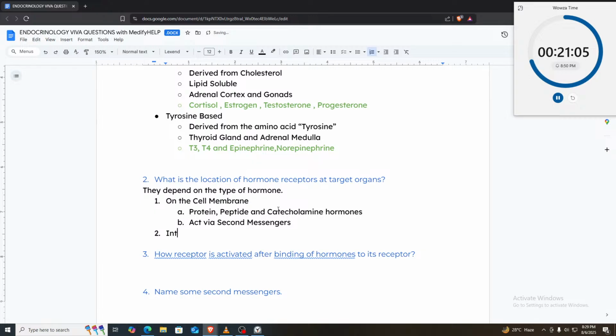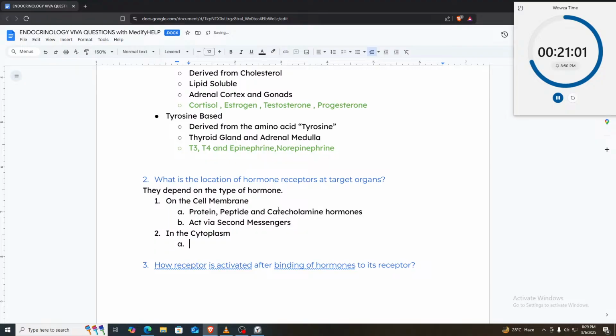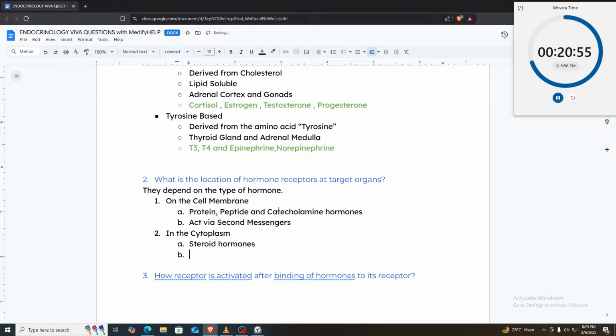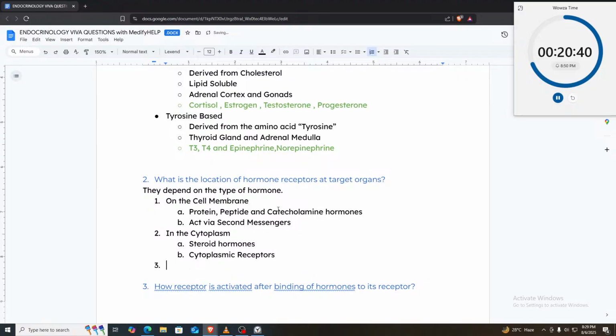The other one is in the cytoplasm. What is inside it? These are basically your steroid hormones. What is their characteristic? They easily cross the membrane and bind to the cytoplasmic receptors. I think we're pretty good in that regard. And the third one is in the nucleus. These are the most direct.